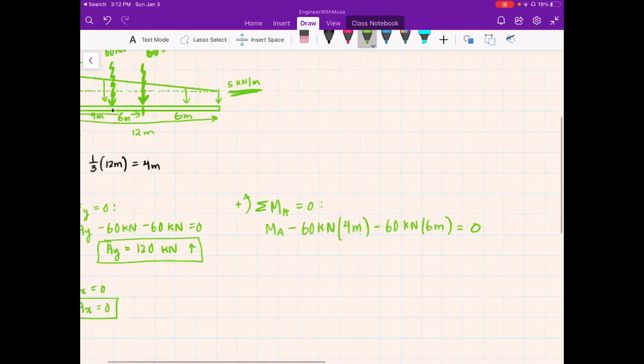Equal to 0, and then therefore MA is equal to 60 kilonewton. So 60 times 4 is going to be equal to 240 kilonewton meter plus 360 kilonewton meter.